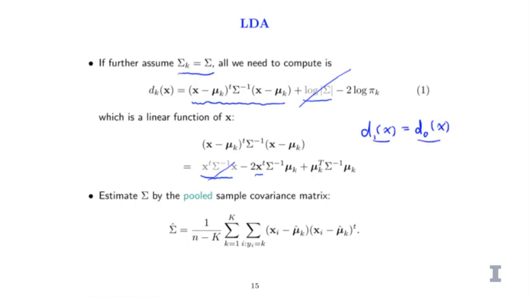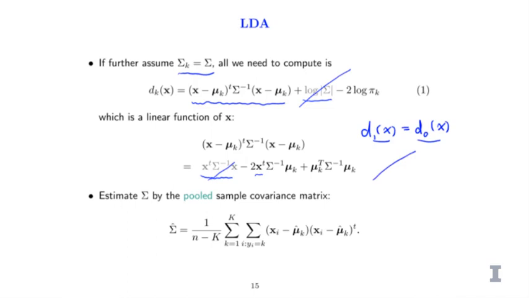Because each of them is a linear function, the points x which determine the decision boundary of this binary classification problem are going to be a linear function of x. So this is why we have the name LDA.